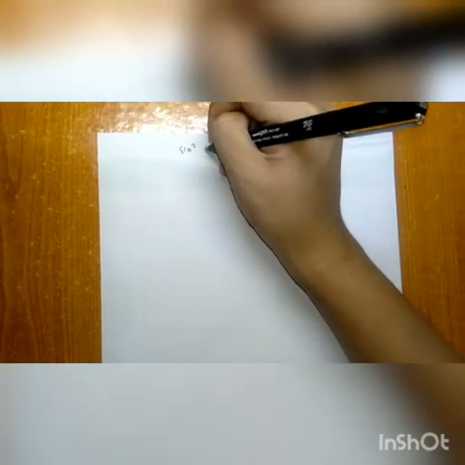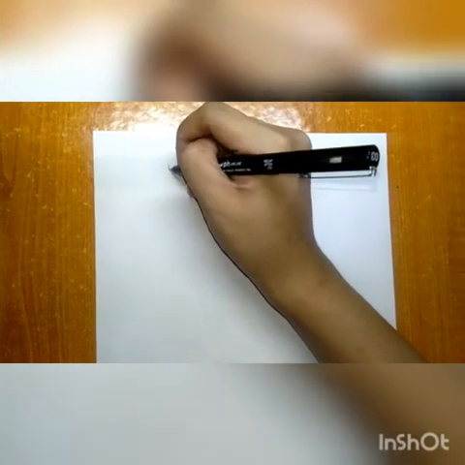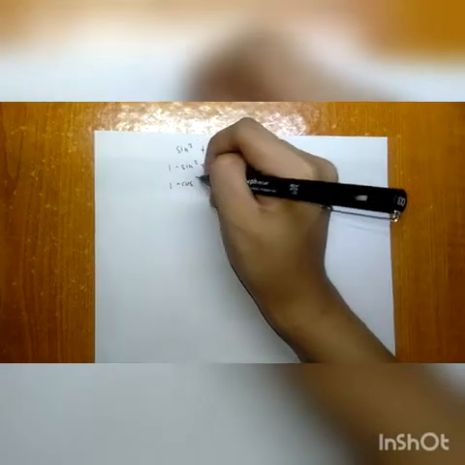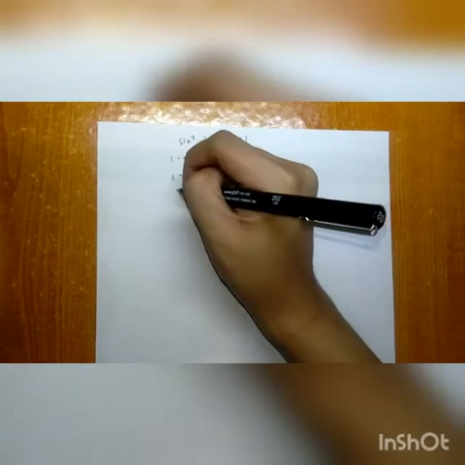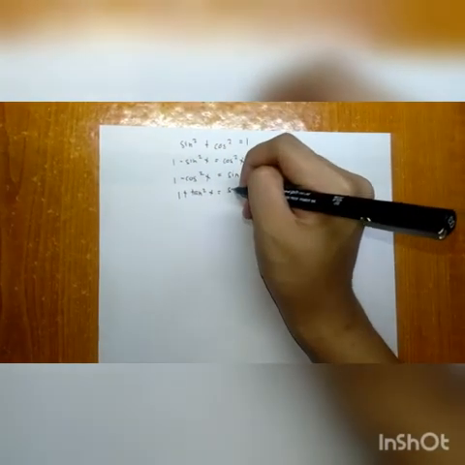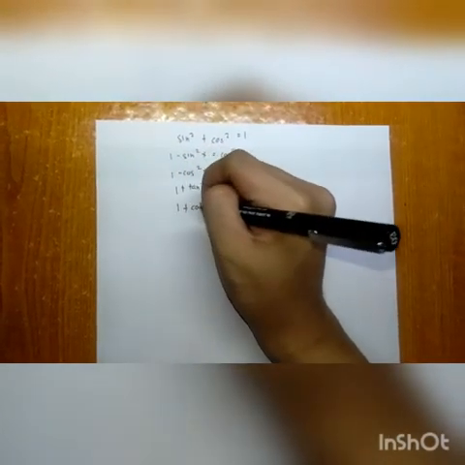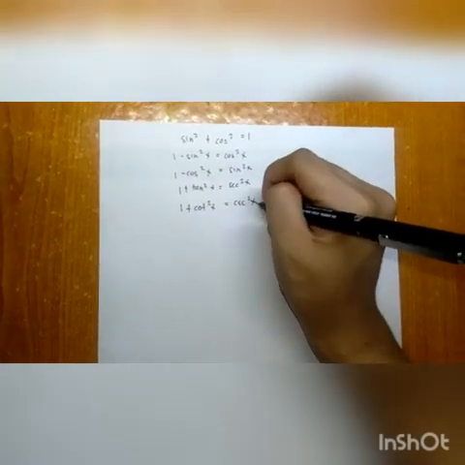Sine squared plus cosine squared is equal to 1. 1 minus sine squared x equals cosine squared x. 1 minus cosine squared x equals sine squared x. 1 plus tangent squared x is equal to secant squared x. 1 plus cotangent squared x is equal to cosecant squared x.